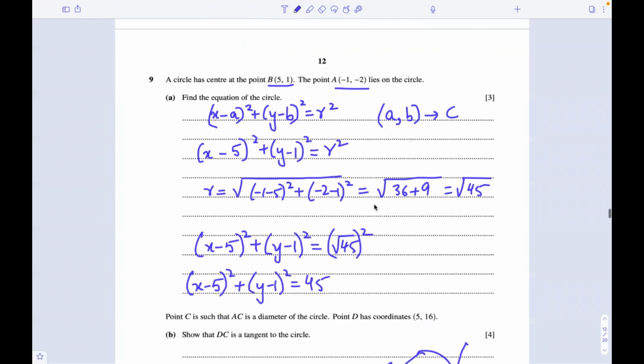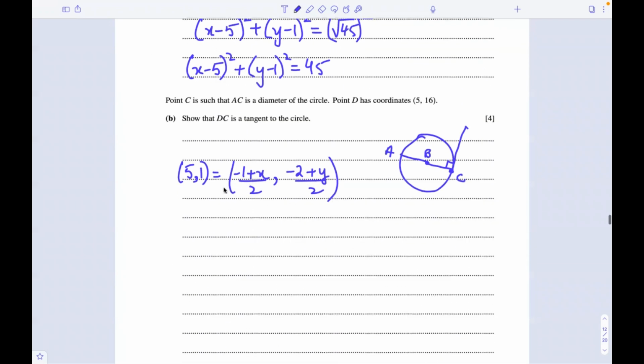Now equating, we have 5 is equal to (minus 1 plus x) upon 2, and 1 is equal to (minus 2 plus y) upon 2. Simplifying this, we get x is equal to 11 and y is equal to 4. So the coordinates of C are (11, 4).